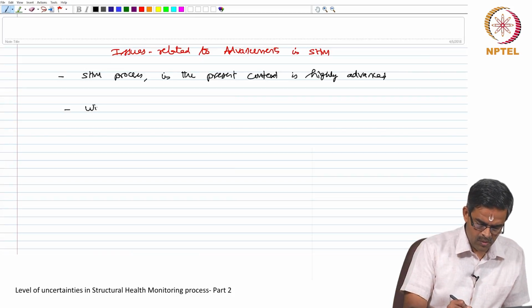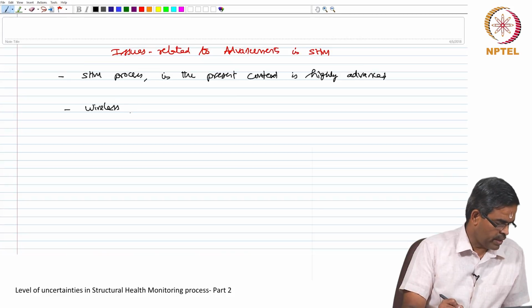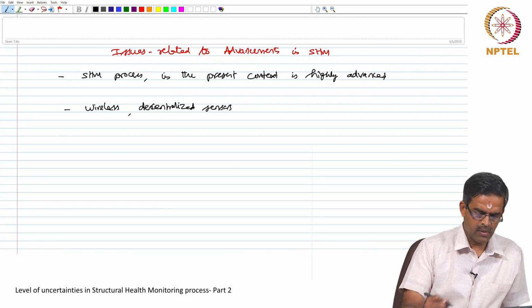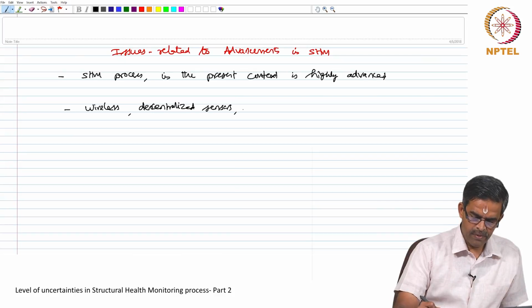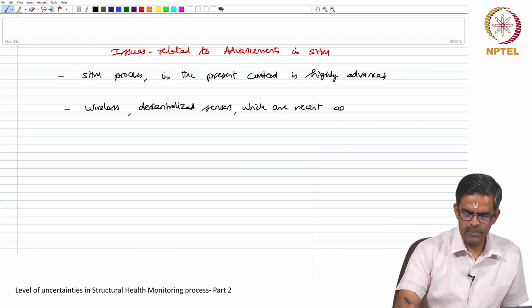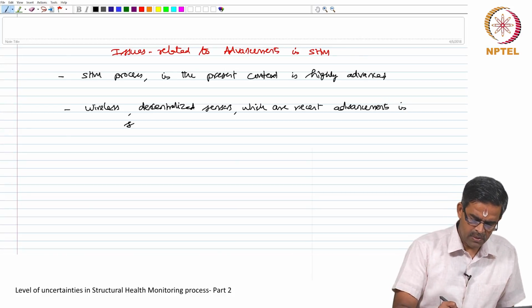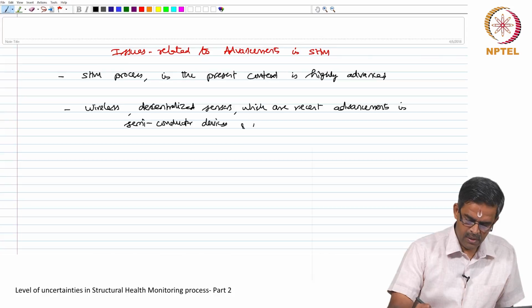It has got wireless decentralized sensors, which are recent advancements, in semiconductor devices and MEMS technology.